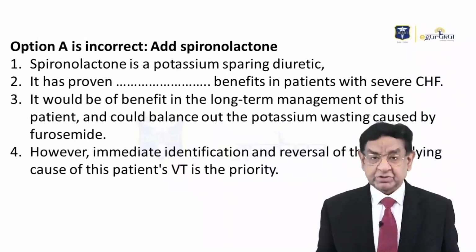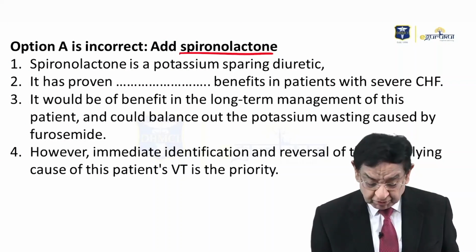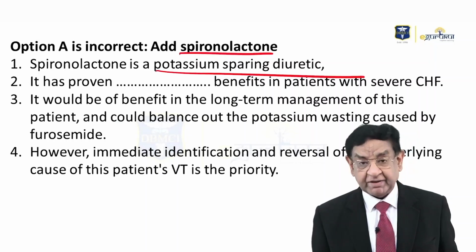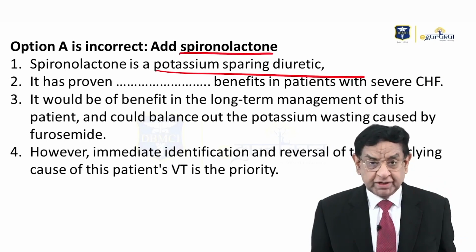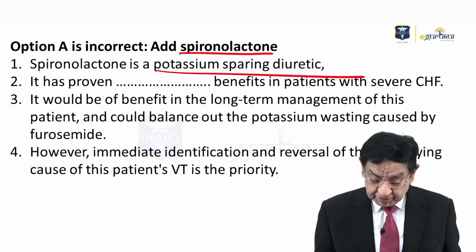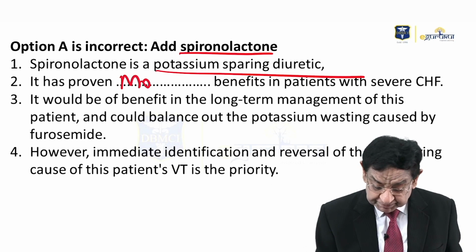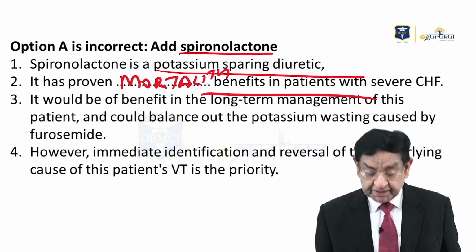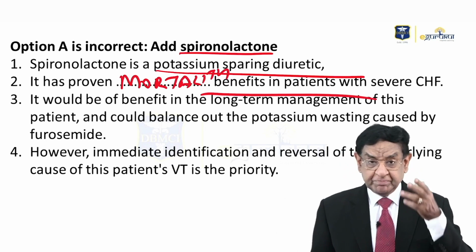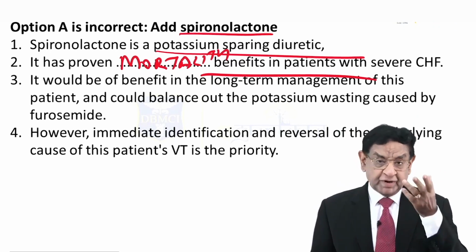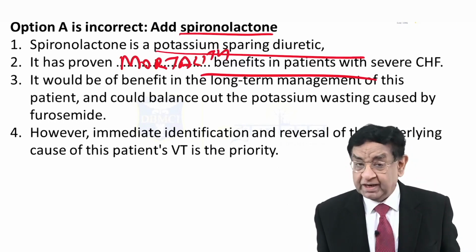Well, let's look into the other options. Spironolactone is a potassium sparing diuretic. The patient is already on diuretic therapy, and it definitely has a mortality benefit in a patient with congestive heart failure. But at the moment, our aim is to find out the reason for the arrhythmias.